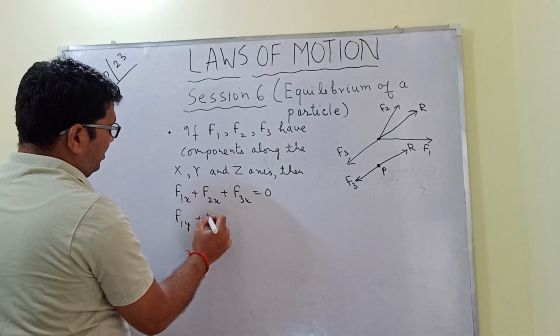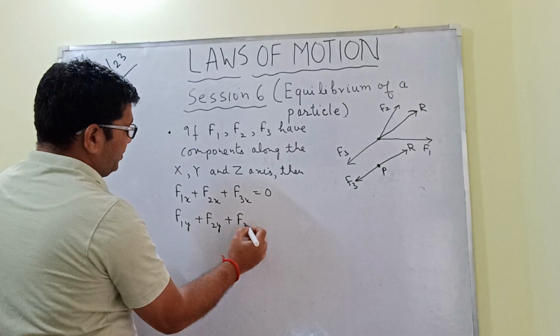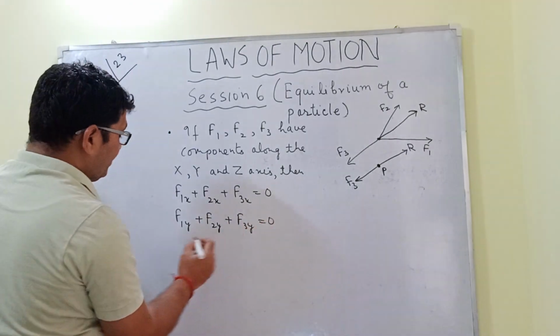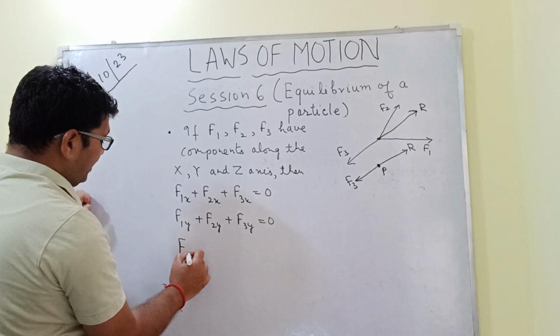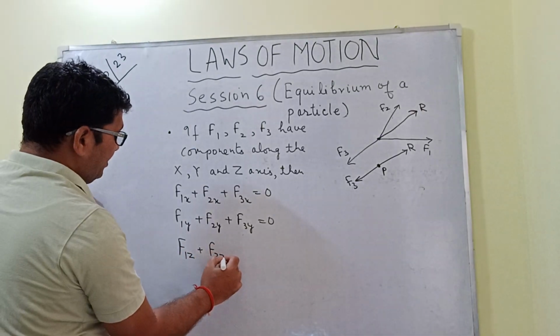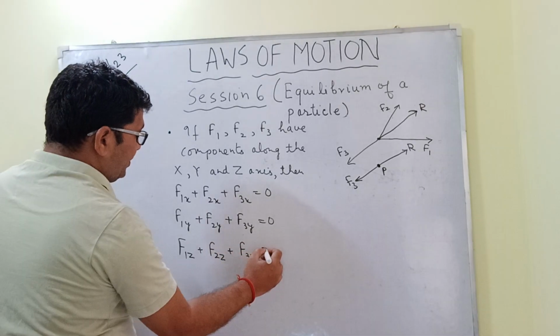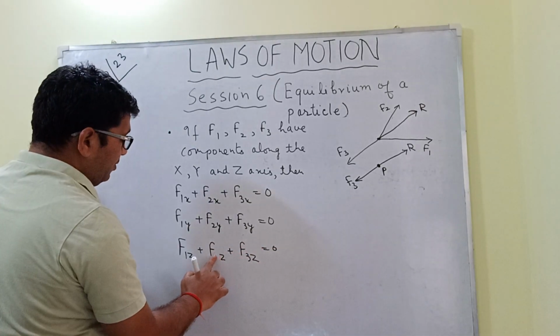F1y plus F2y plus F3y should also be equal to 0, and F1z plus F2z plus F3z should also be equal to 0.